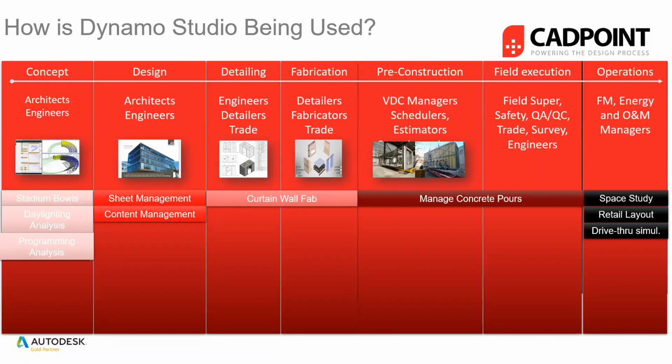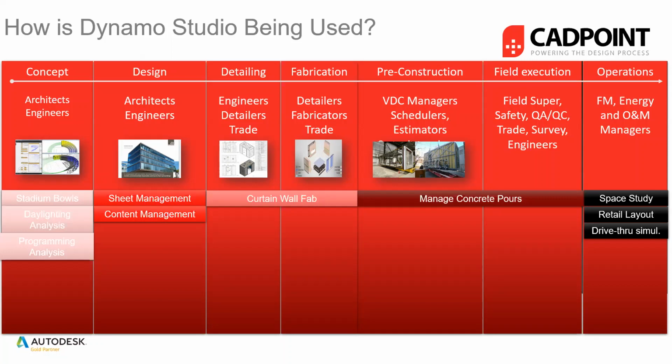Then at detailing stage, for engineers and detailers and subcontractors as well, for example, using curtain wall fabrication tools, being able to pull your information out of Dynamo and being able to manipulate it to create fabrication drawings and detailed drawings as well. And then looking at the pre-construction stage, how you can use it to schedule information, estimate information, even manage some concrete pours as well.